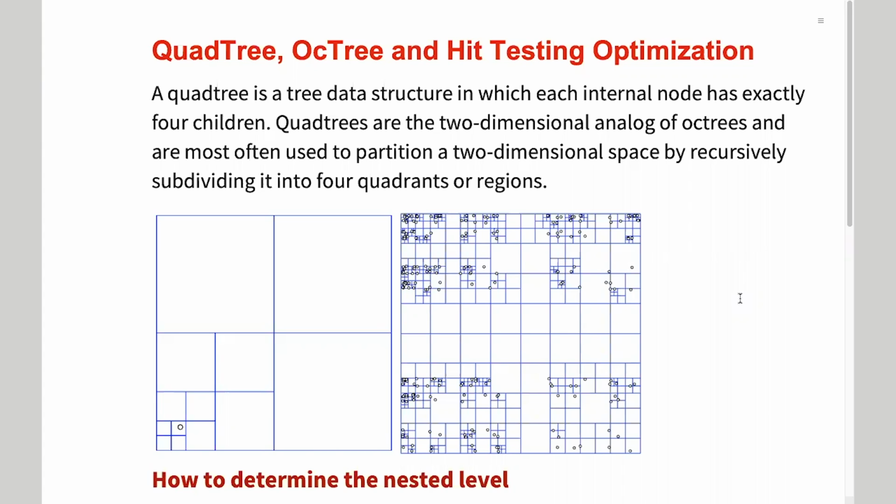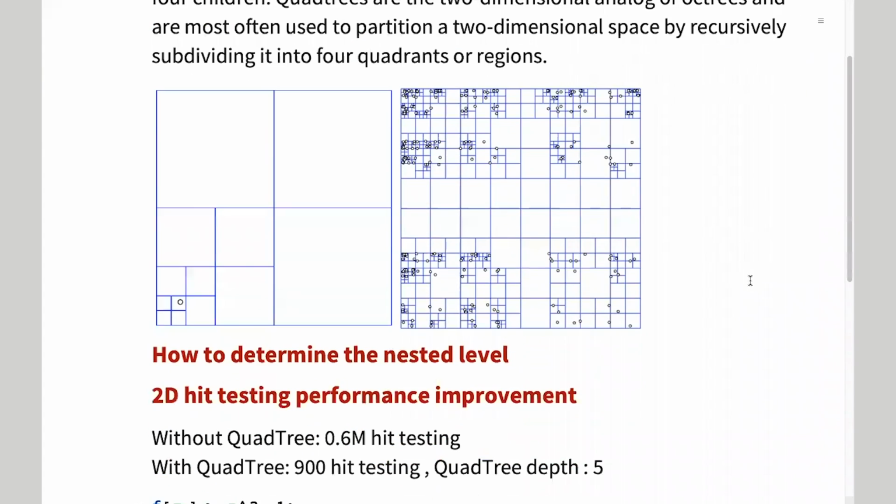What is a quad tree? Quad trees split your space into 4 subspaces and keep going, depending on the objects you have. For example, if there's only one object, we don't need multiple layers of nested trees. So how do we determine the nested level?